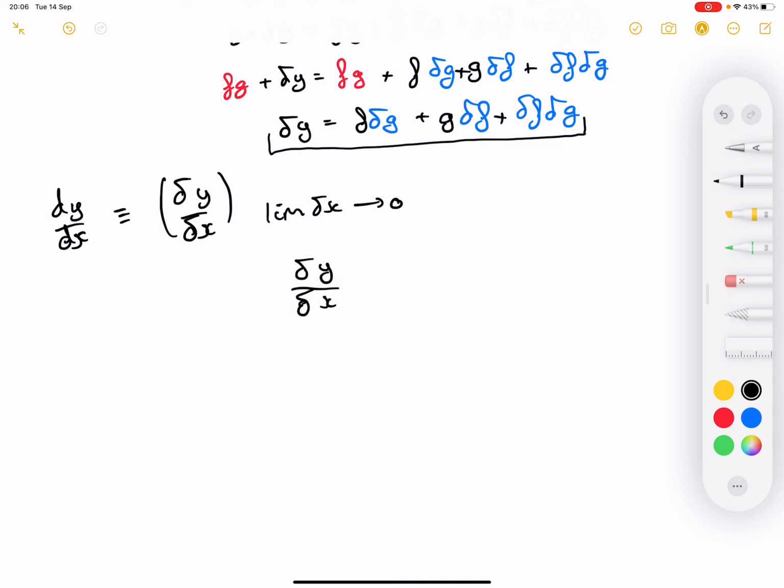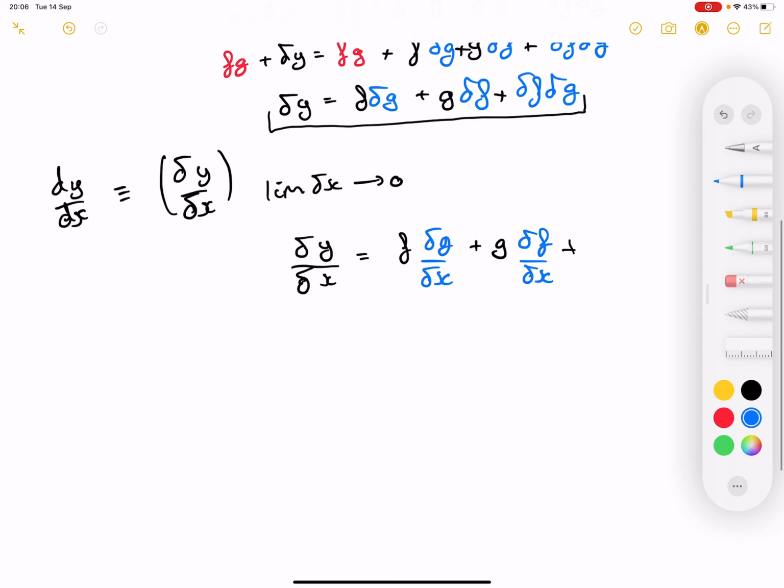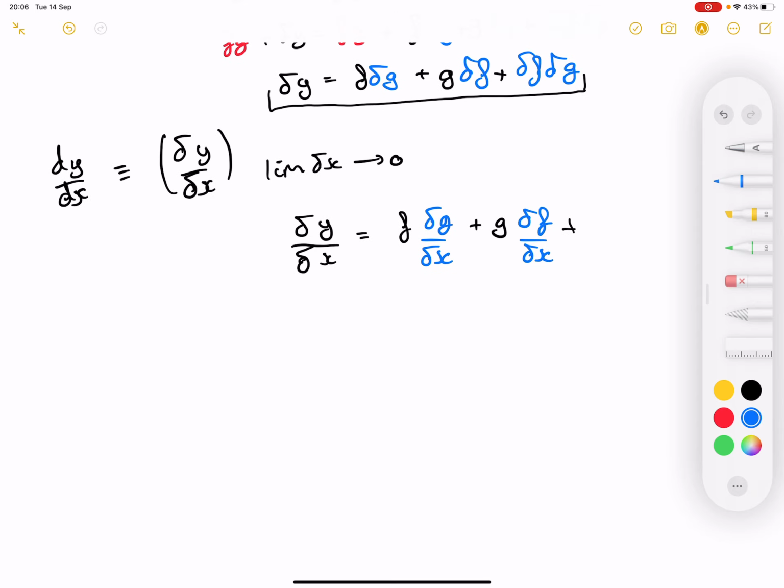Okay? So we're going to get delta y over delta x is equal to, I'm going to split these fractions up, so f of delta g by delta x plus g of delta f by delta x plus delta f delta g by delta x.